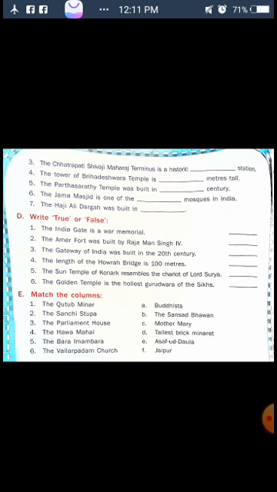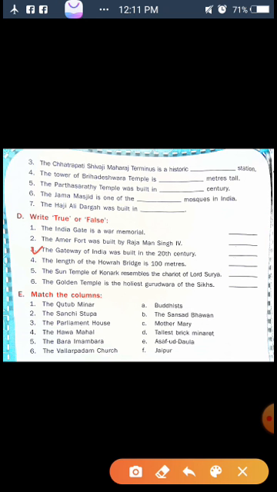Then question number 3, the Gateway of India was built in the 20th century. Yes, it is true. Number 3 is true. Then number 4, the length of the Howrah Bridge is 100 meters.